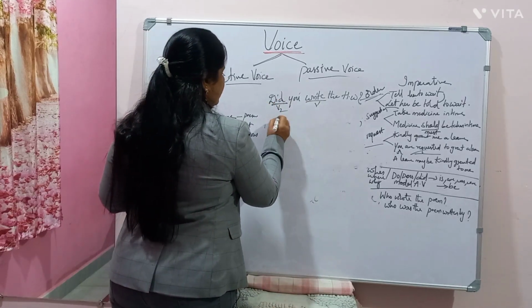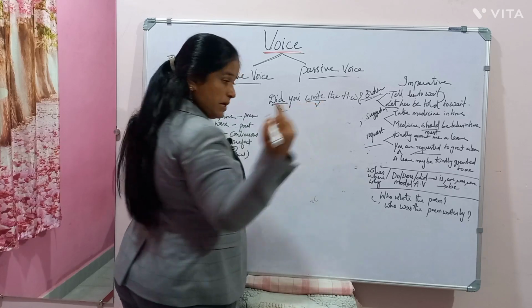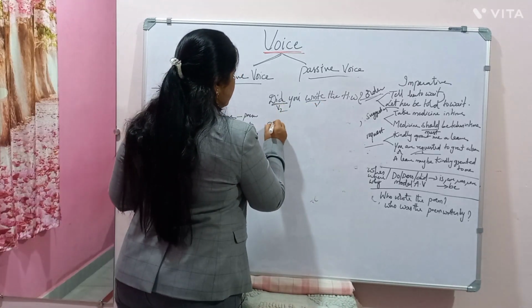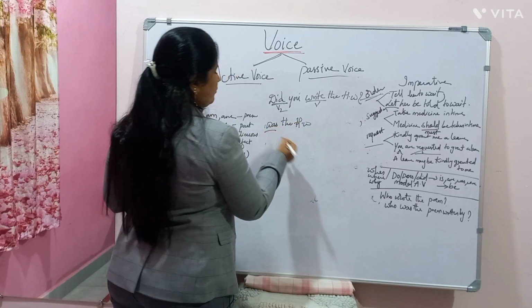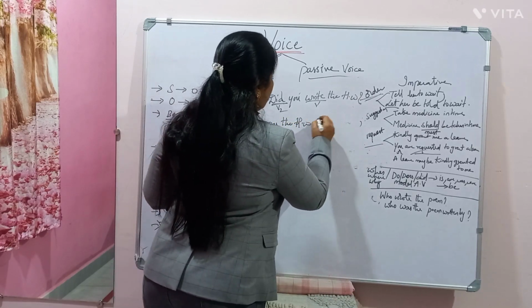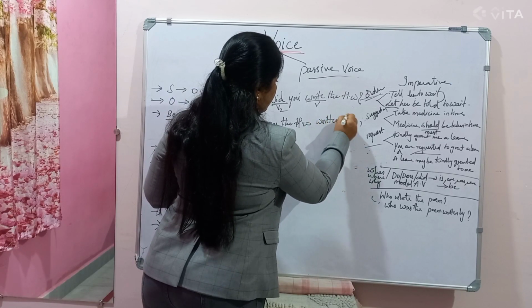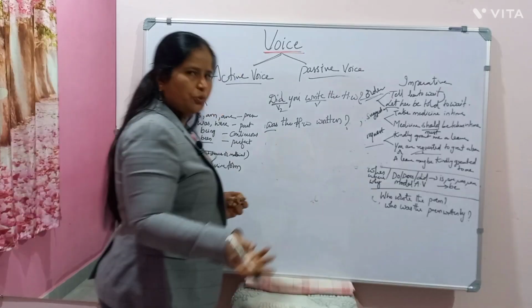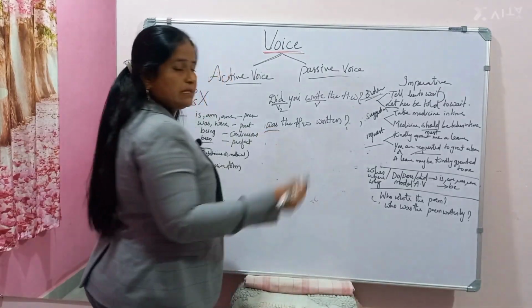Now, past be forms: was. The homework is singular, so I have taken was. Was the homework written? Written by you. Was the homework written by you? It is a passive sentence.